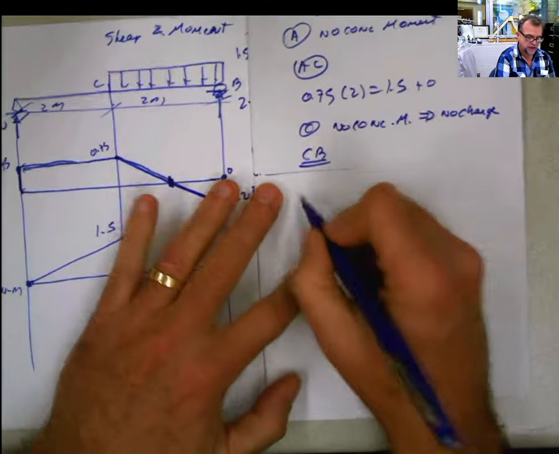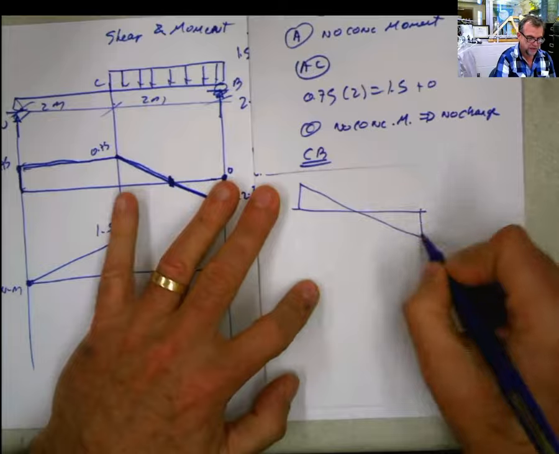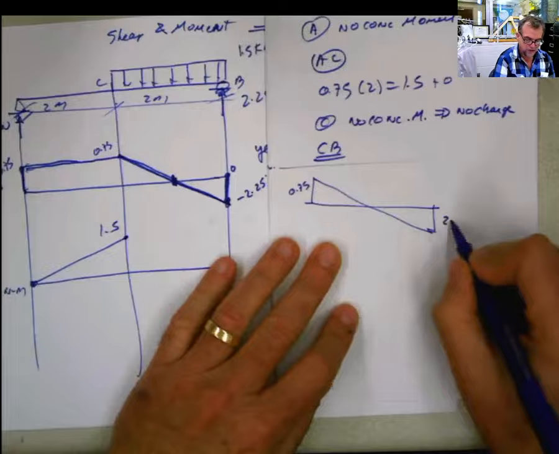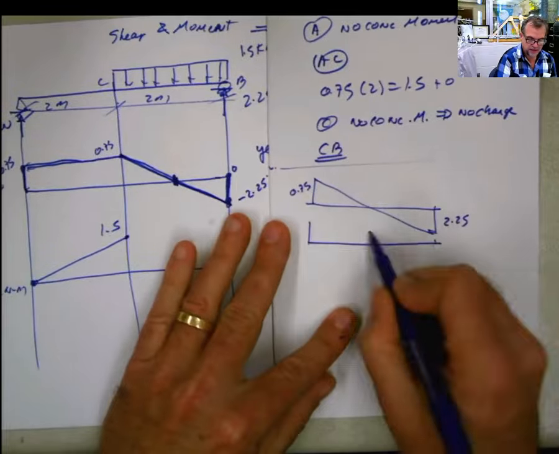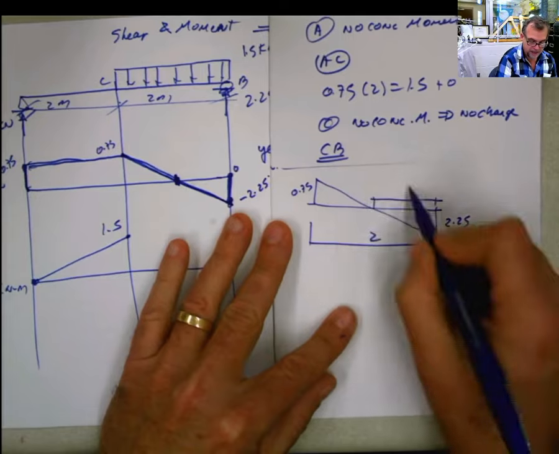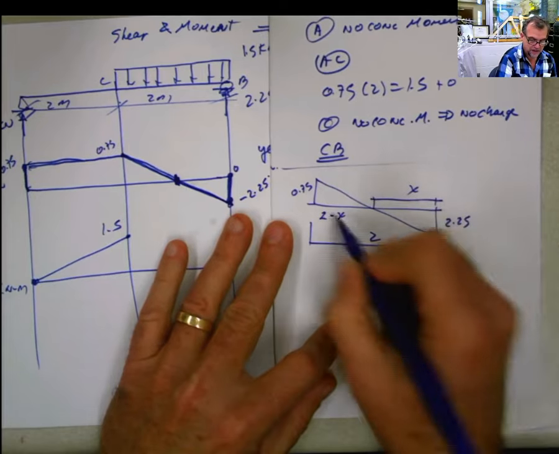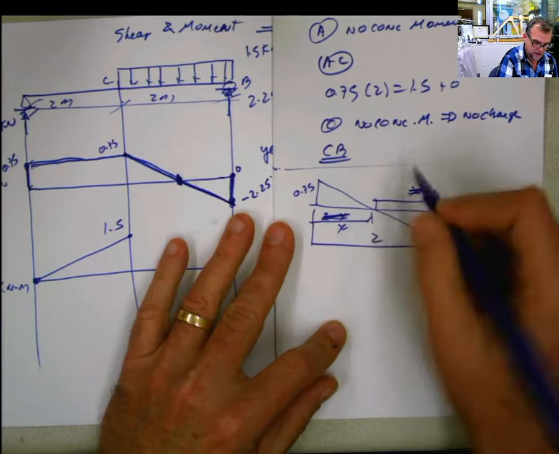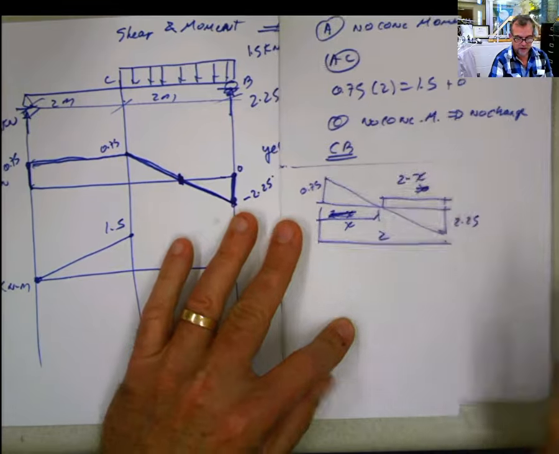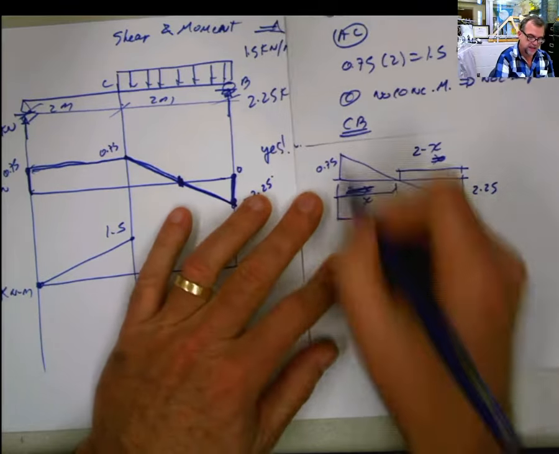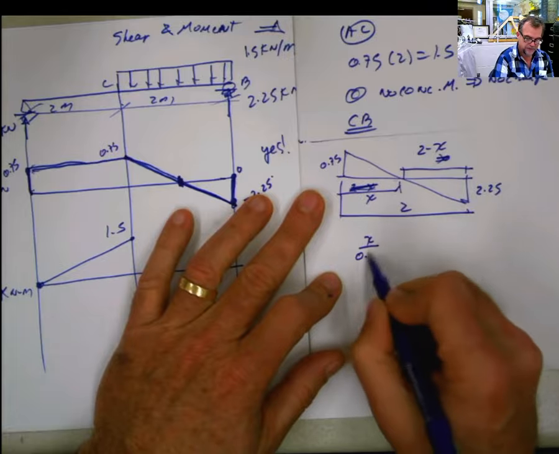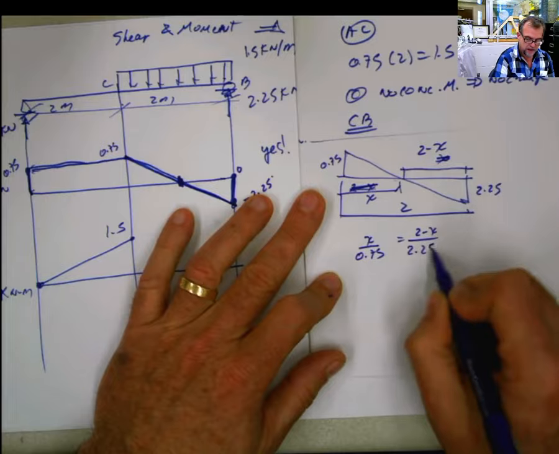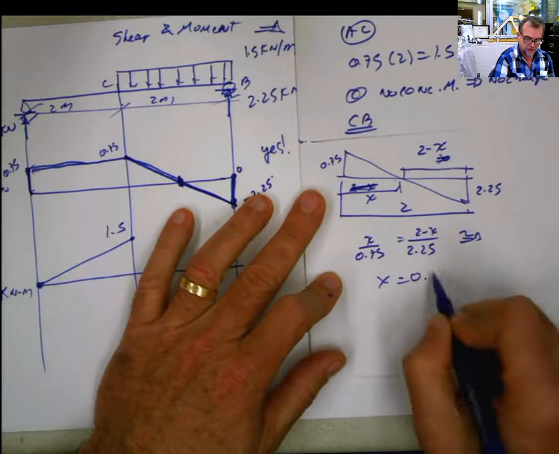I can compare these two triangles and say that 0.75 is to x as 2.25 is to 2 minus x, since this distance is 2. I solve for x, and x is equal to 0.5.